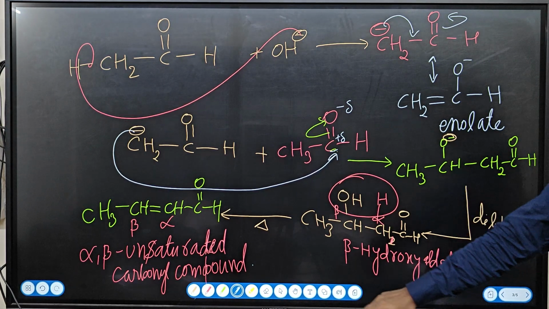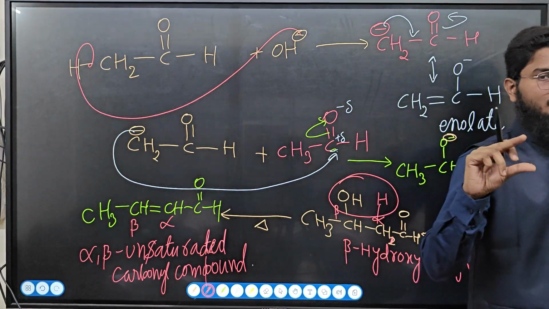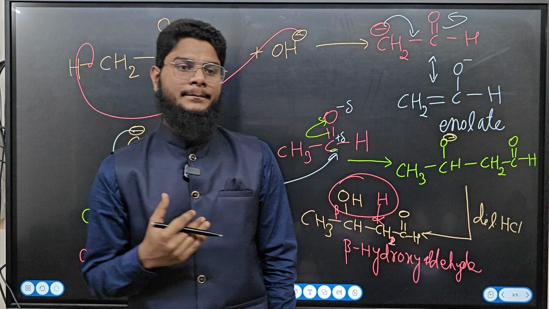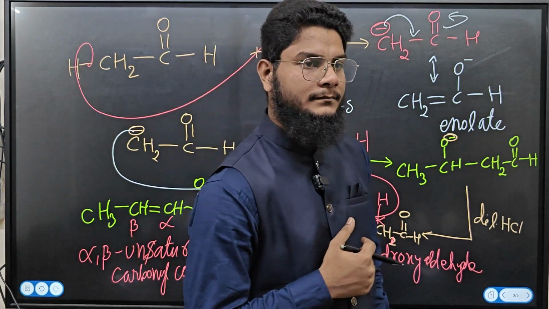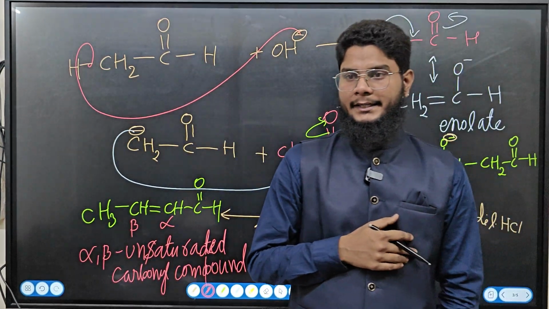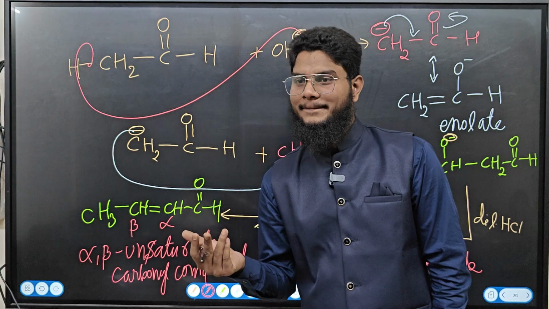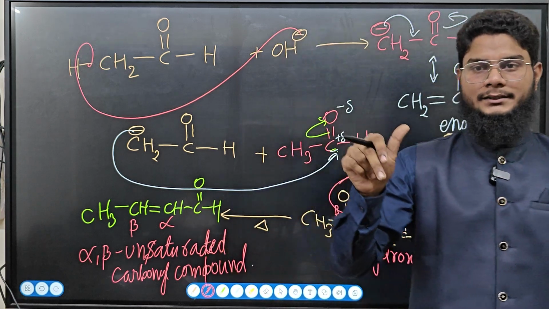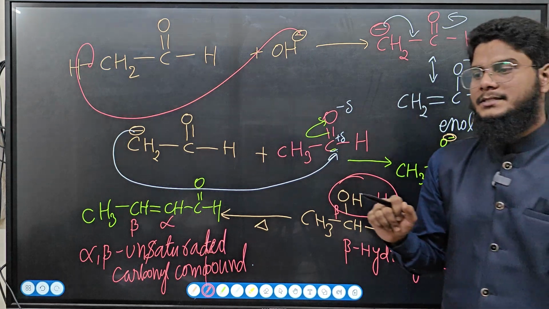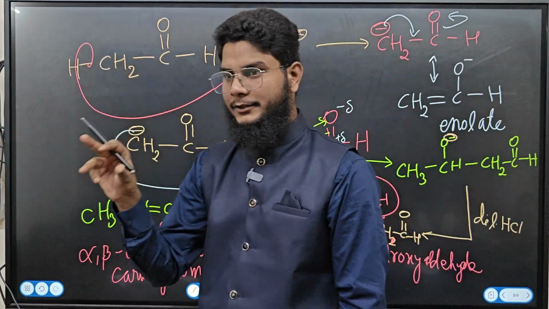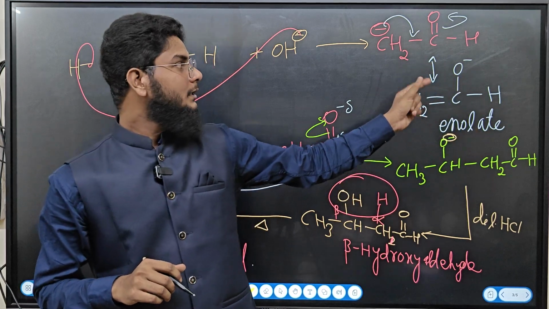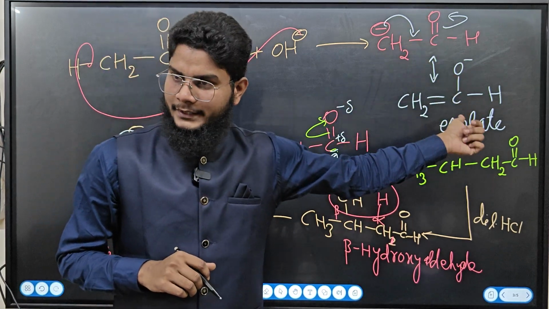I hope you understood both the steps of the mechanism. The first step is formation of the enolate ion, and the second step is condensation of one carbonyl with another one. In the first step, the base abstracts the alpha hydrogen and you get a nucleophile, which is stabilized through resonance.